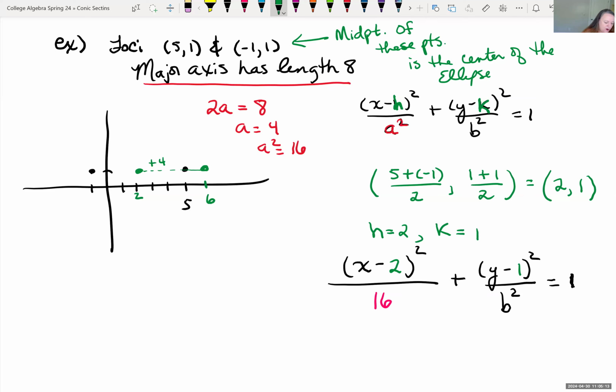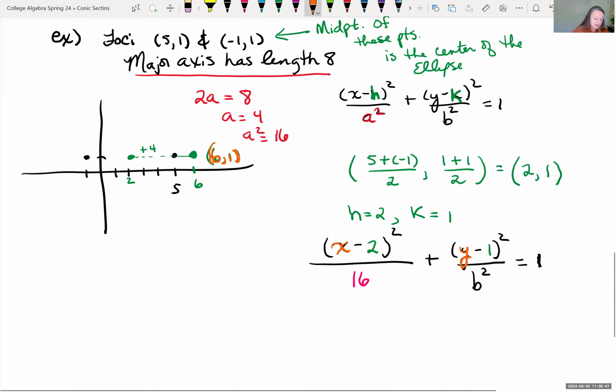So I know one of my points on this ellipse is 6, 1. So if we know one point, we know what x is, and we know what y is for one point. So I know when x is 6, my y value has to be 1. So if we plug in that point for x and y in this equation, then we're going to have an equation just with one variable left, and we can solve for what b is.